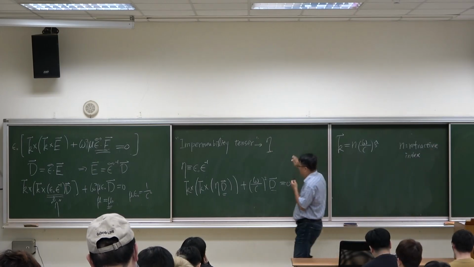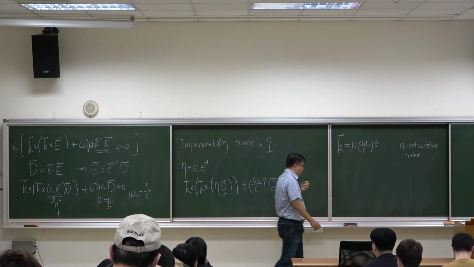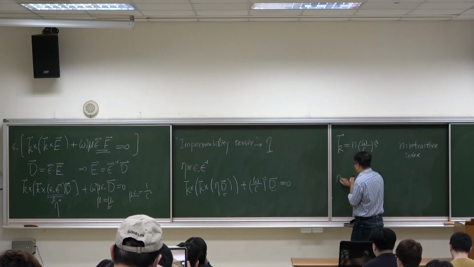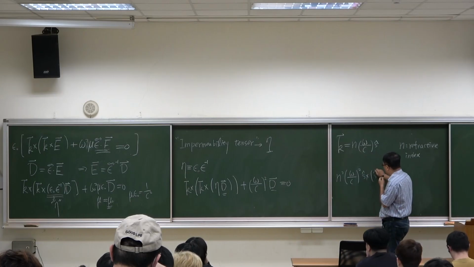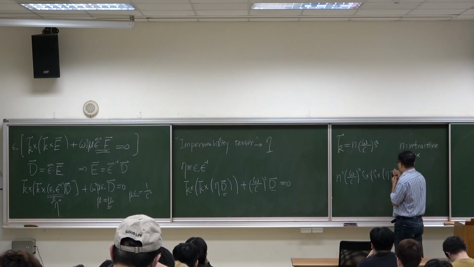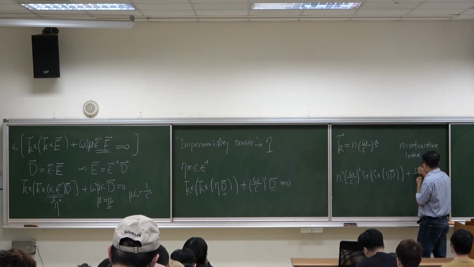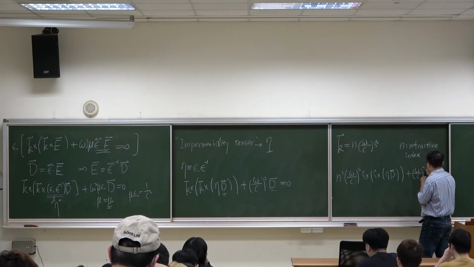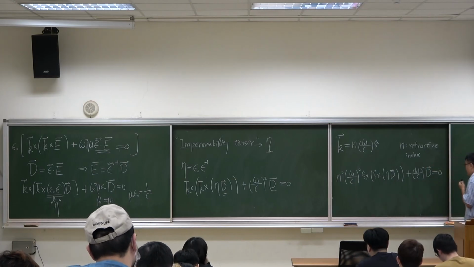So we can substitute this form of K into this equation to get n squared omega over c squared S cross eta D plus omega over c squared D equal to 0.